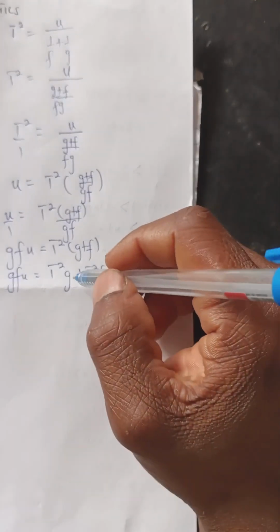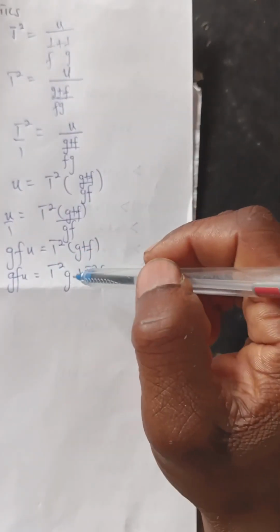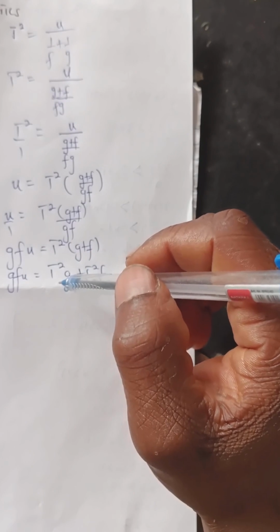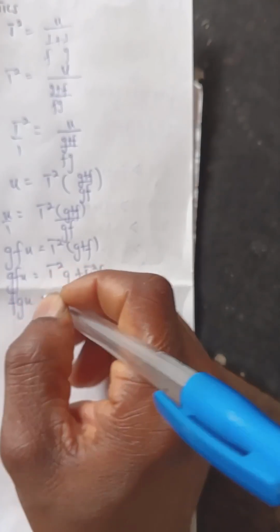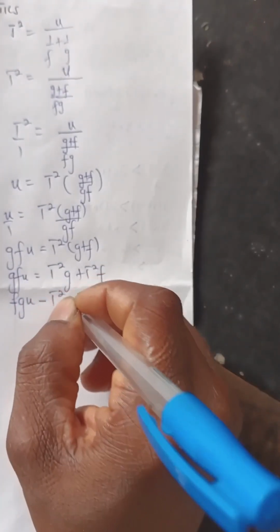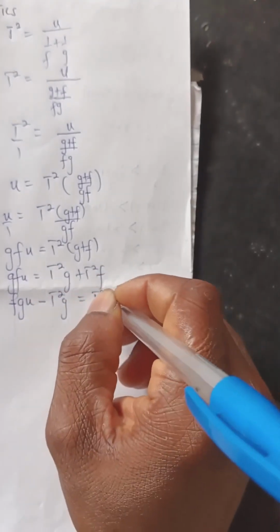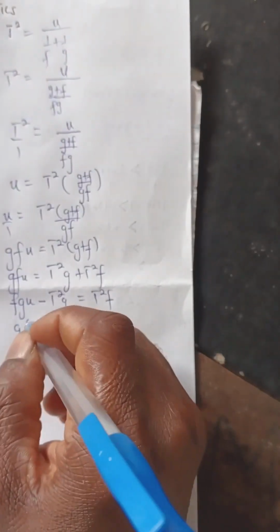Since we want to make G the subject, let's move this to this side and this to the other side. So we have FGU minus T squared G is equal to T squared F. Taking G out, what is left?